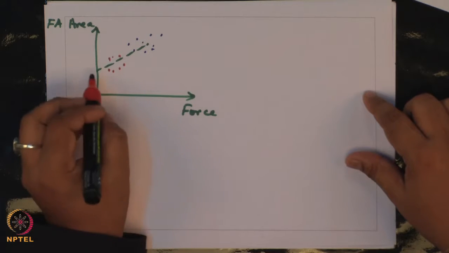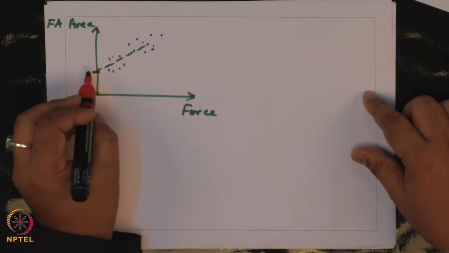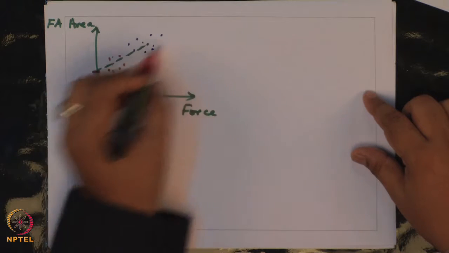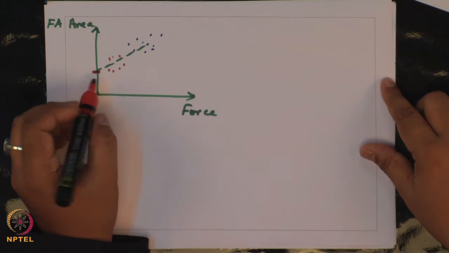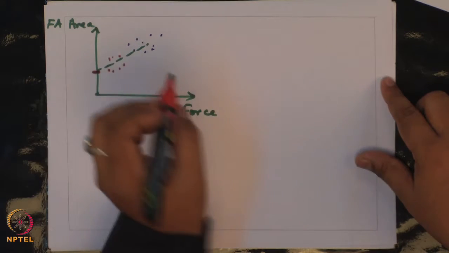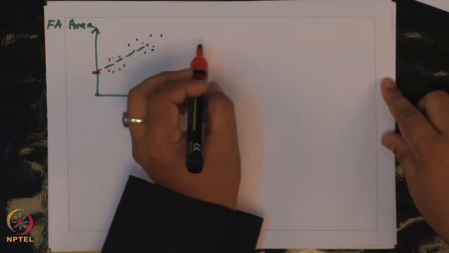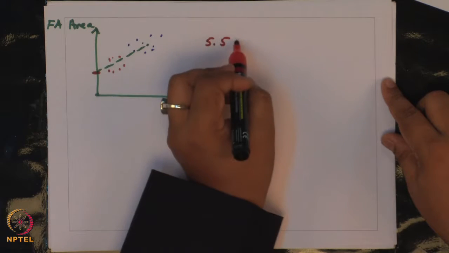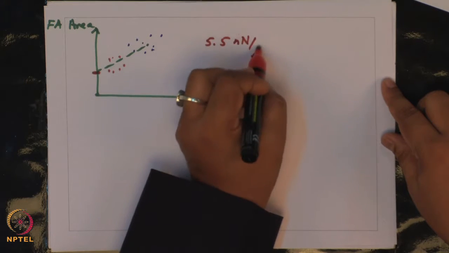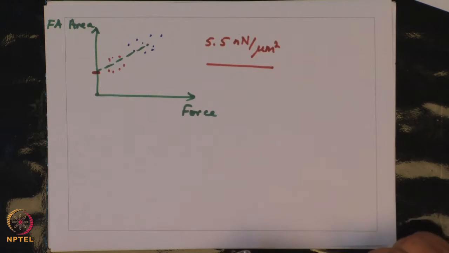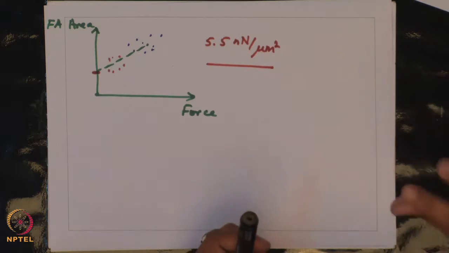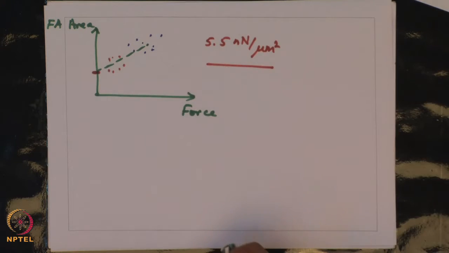And on top of that, this line has a non-zero intercept, and you can also find out the slope of this line. The slope of this line was roughly 5.5 nanonewton per micron square. So, this was the average force sustained by a focal adhesion of size 1 micron square. So, a 1 micron square focal adhesion sustains a force of 5.5 nanonewton.